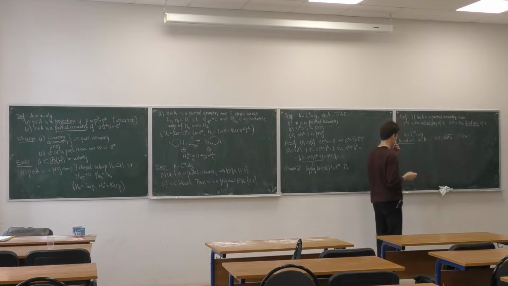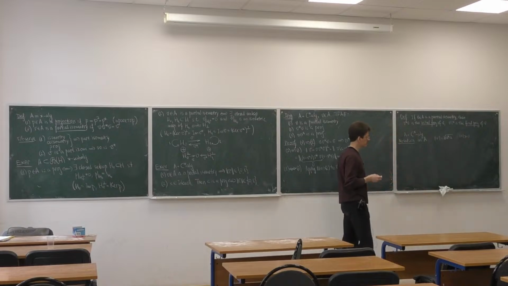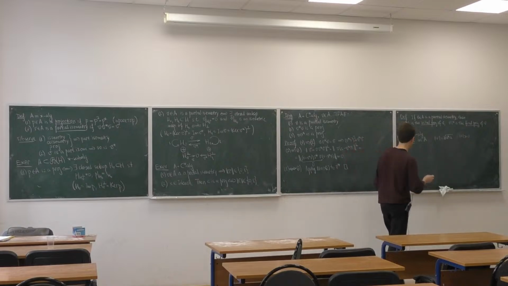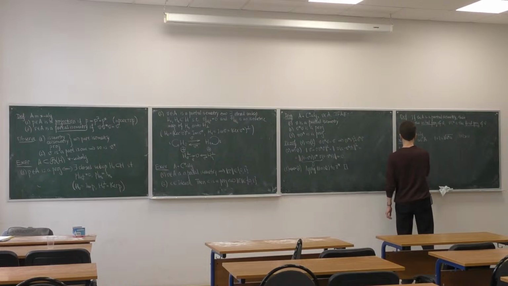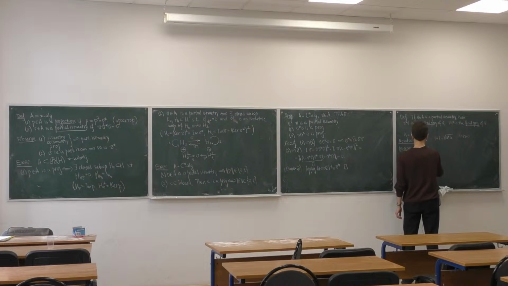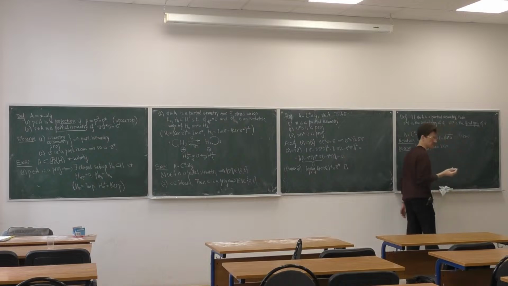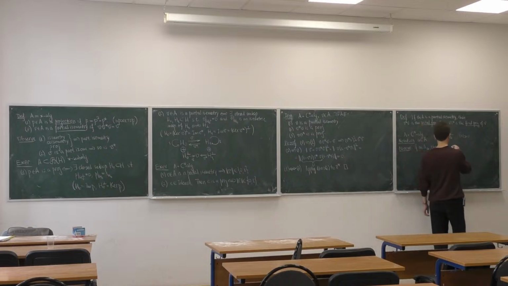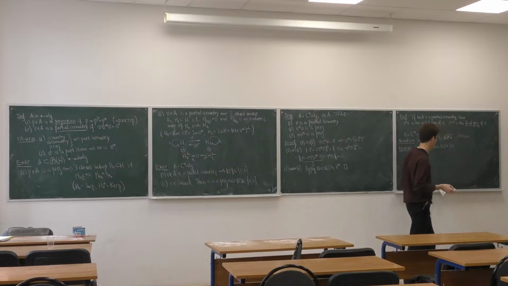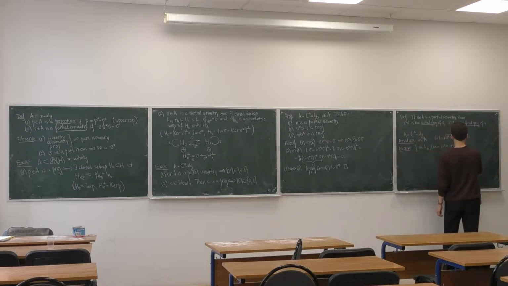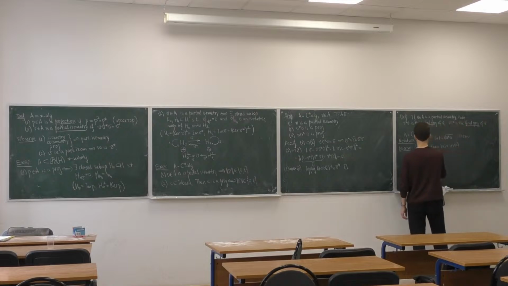By the way, let's observe that this notation is consistent with the functional calculus. Let's observe that if a is self-adjoint, then the modulus of a can be obtained from the functional calculus. We simply take the modulus of t, where t is the identity map of the real line, and apply it to a.